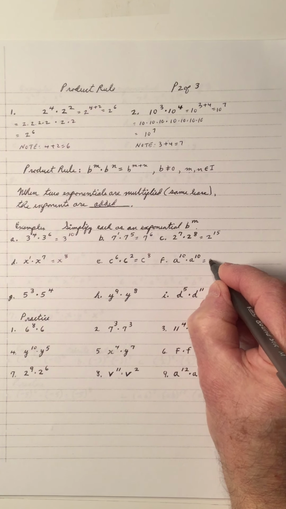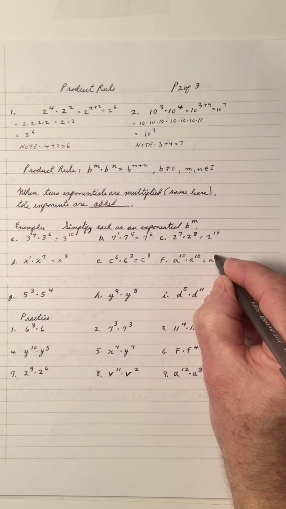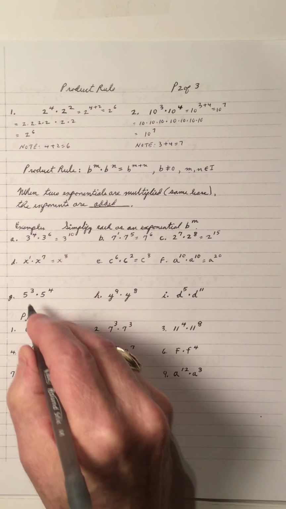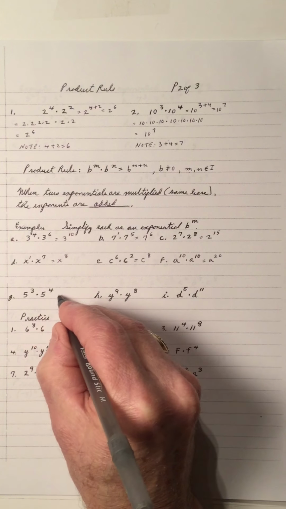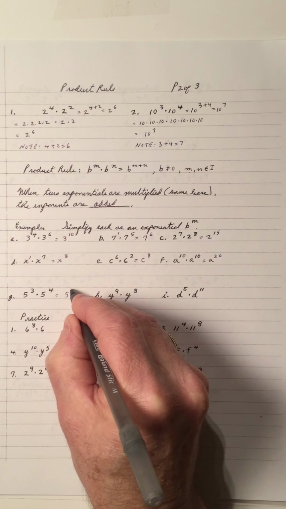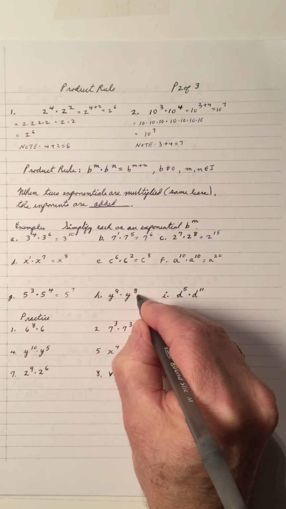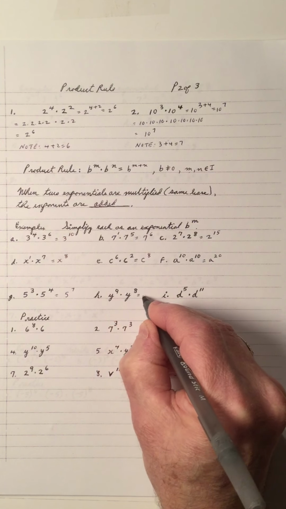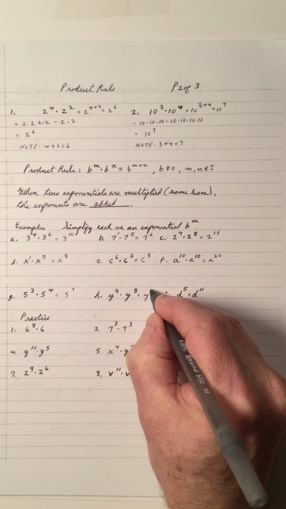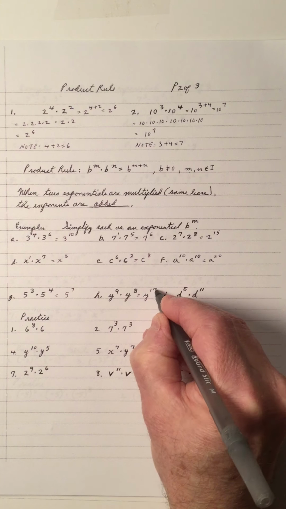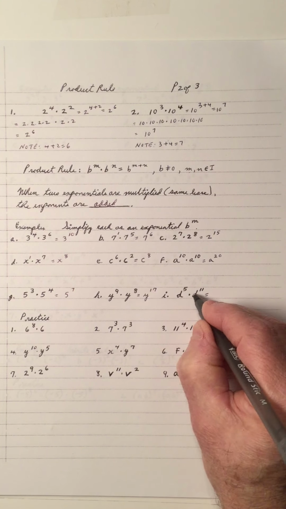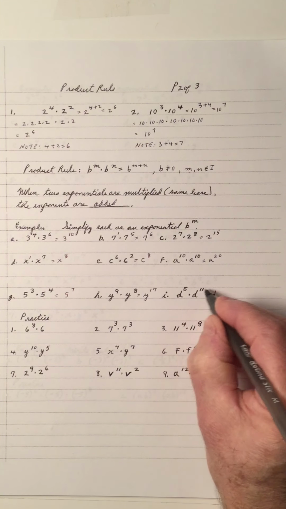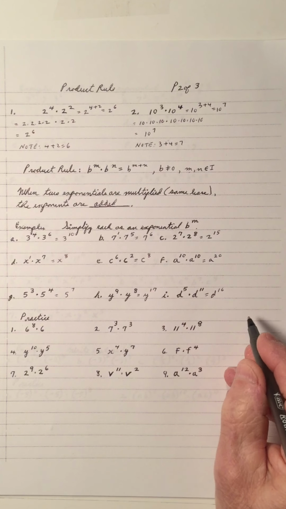The base is a, add 10 plus 10 is 20. G, we got a 5 and a 5, so when we multiply, we add the exponents, 7. We got a base y for each, so keep the y, and 9 plus 8 is 17. The base is the same, d, so we add the exponents, 16.